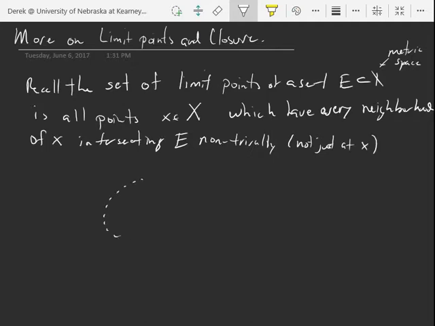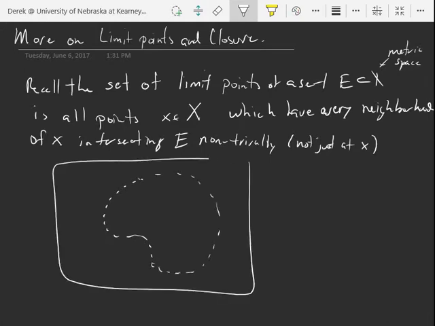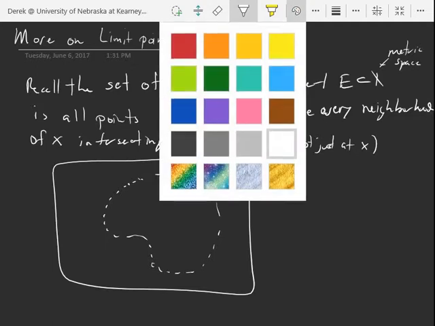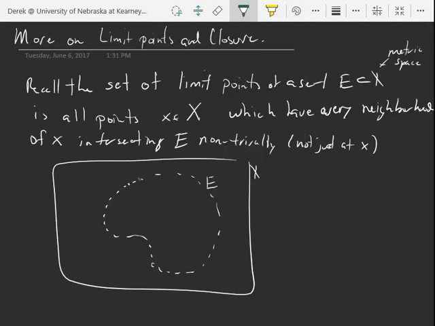So picture, say this is E and this is X. If I've got a point here, it's going to be a limit point because no matter which circle I draw, which neighborhood I take, part of that circle here is inside of E. Right.